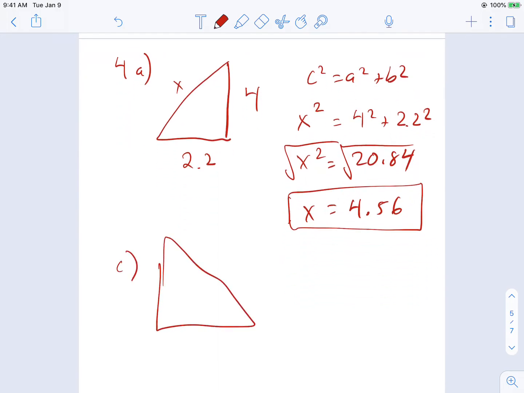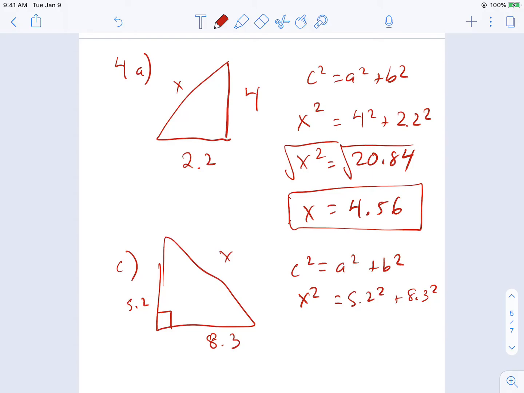4c, same kind of idea, just a different set of numbers. X, 5.2 down here, here's our right angle, 8.3, so we can set this up. C squared equals a squared plus b squared. C squared is x, we have x squared equals 5.2 squared plus 8.3 squared, and then we can just do some math right on our calculator to make it nice and easy for us.